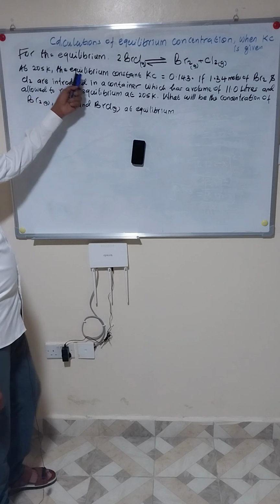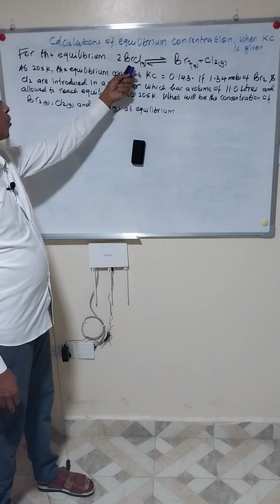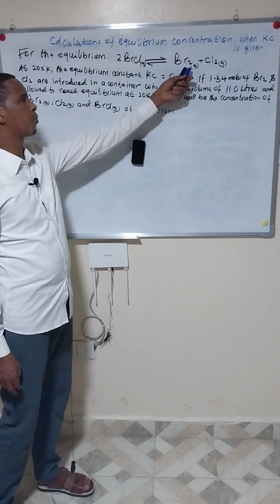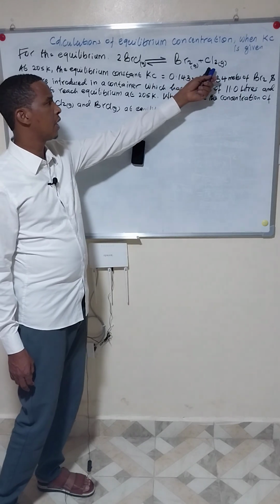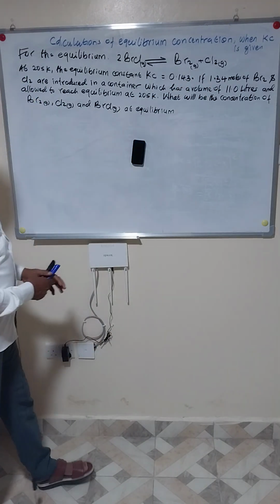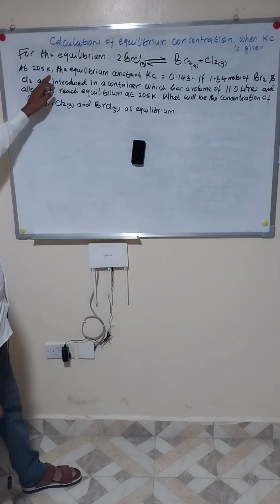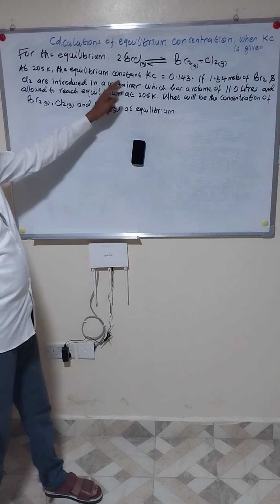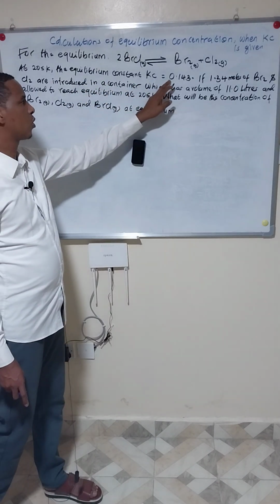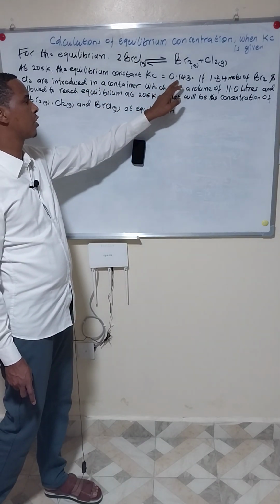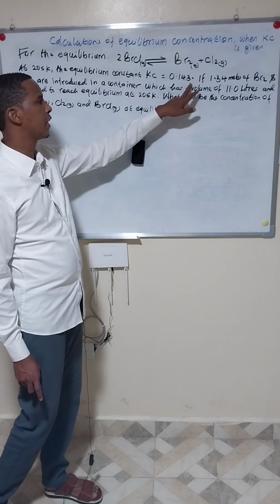For the equilibrium, 2 moles of bromochloride form 1 mole of bromine and 1 mole of chlorine. At 205 K, the equilibrium constant Kc is equal to 0.143.